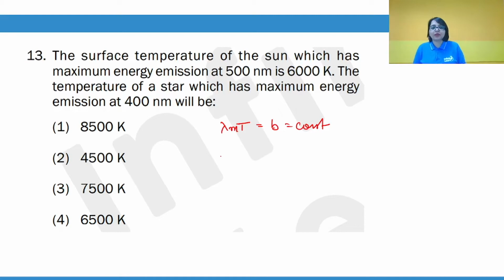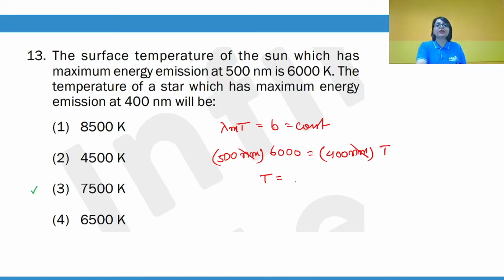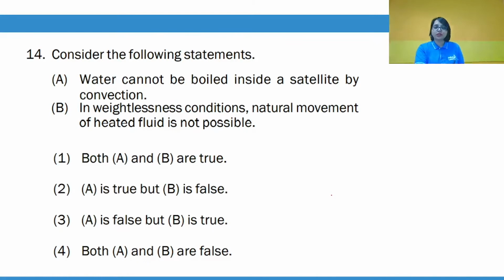So it will be 500 nanometer into 6000 Kelvin is equals to 400 nanometer, and let's say the temperature of that given star is T. So this will cancel this. So we have T as 7500 Kelvin.